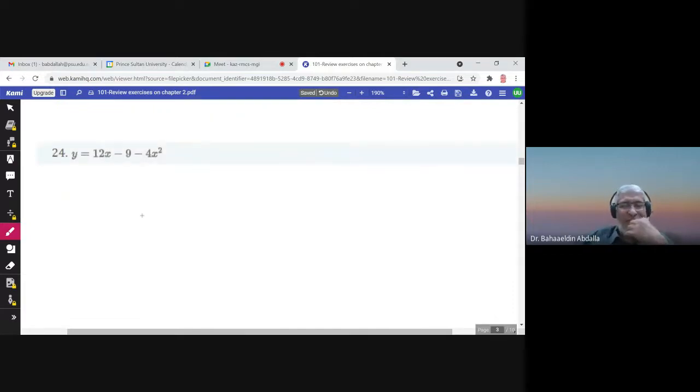Another question. Here a is negative 4, the coefficient of x squared, b is the coefficient of x, and c is the constant term, negative 9. h would be negative b, so negative 12 over 2 times a, so negative 8. So 12 over 8 is 3 over 2.